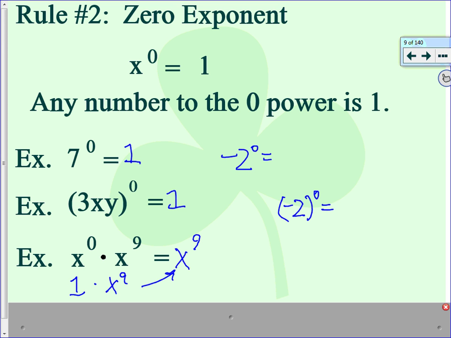Isaac, which one do you think it is? -2 to the 0 or quantity -2 to the 0? Which one has an answer of 1? Well, this one does. Because this one says take -2 to the 0 power. This one, because of the orders of operation, says take -2 to the 0 power and then make it negative. It's -1.